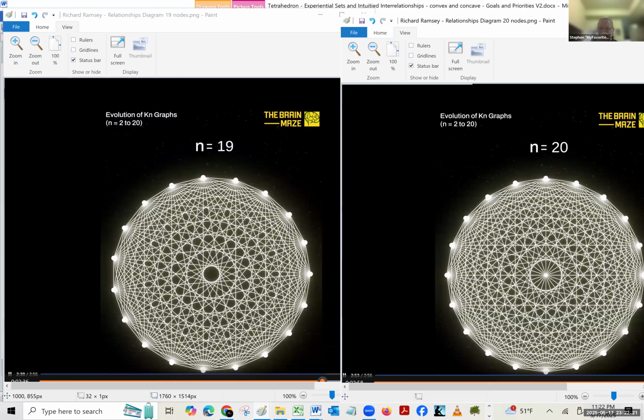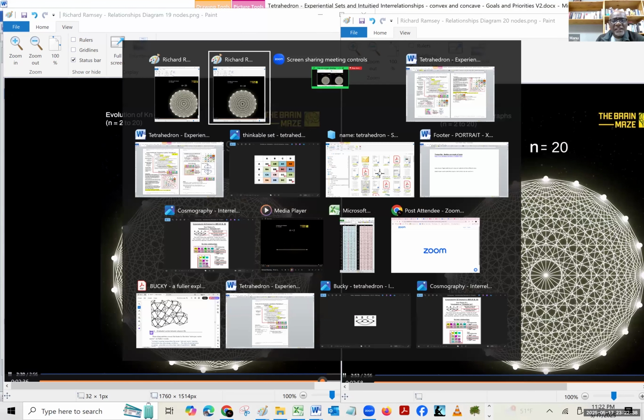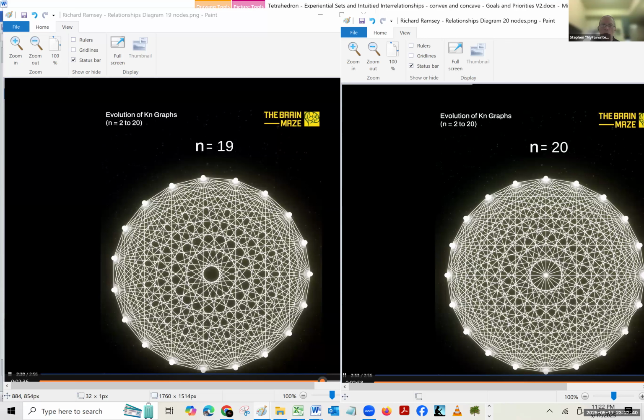Which one did you say is convex or concave, Manu? The 19 is concave. It's the round thing. It is a black hole, receiving energy. Yes, gravitational. Lee On has commented that it's a black hole.